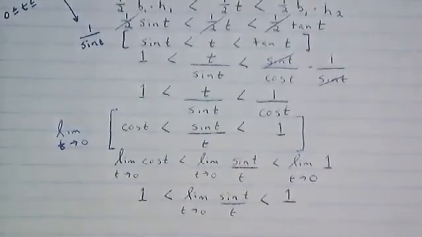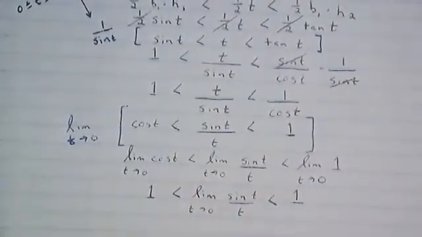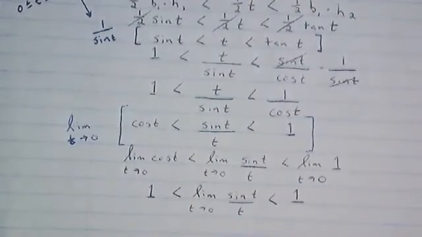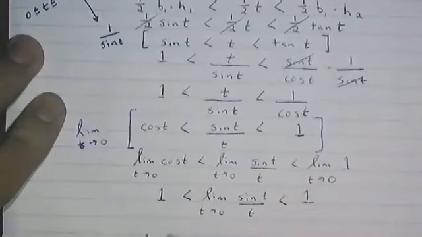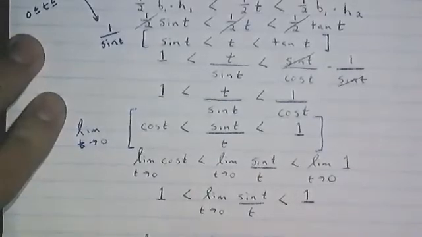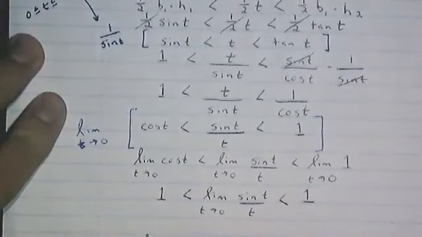And when we do that, we can guarantee ourselves with a very high level of certainty, way better than pretty sure, that this thing must share the value of the two things that it's being squeezed in between. And so we get to conclude that the limit of the sine of t divided by t as t approaches 0 is in fact 1.